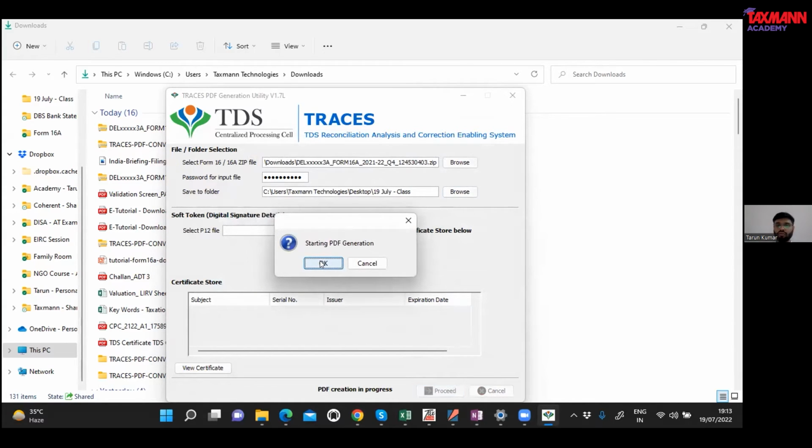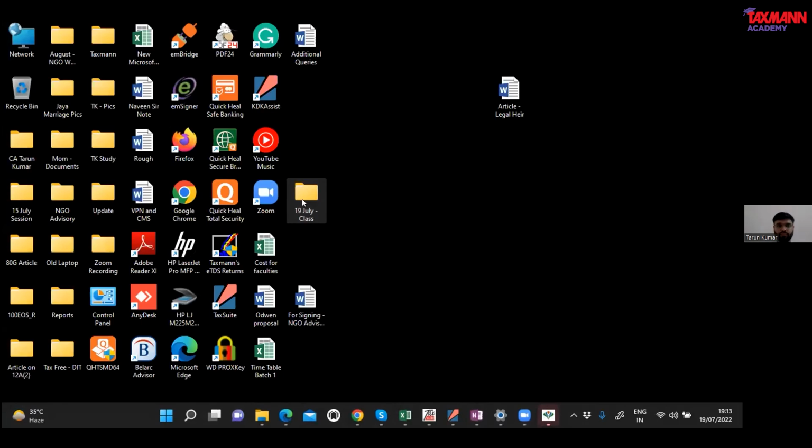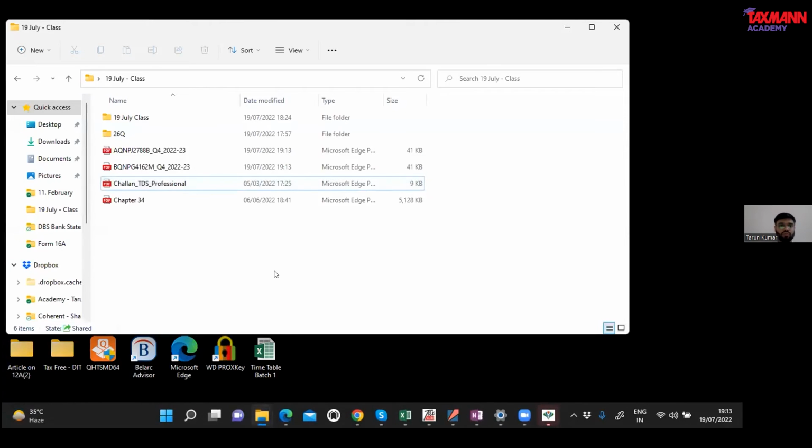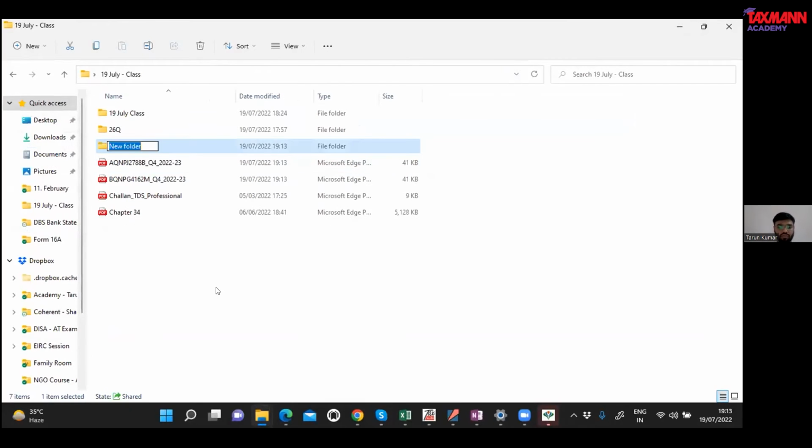I'll say yes. It has started the PDF generation. Here it has extracted these two certificates, with the details of the two deductees against whom the TDS was deducted. These are the Form 16A of the parties.